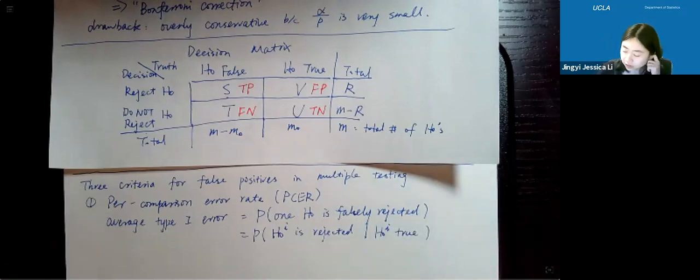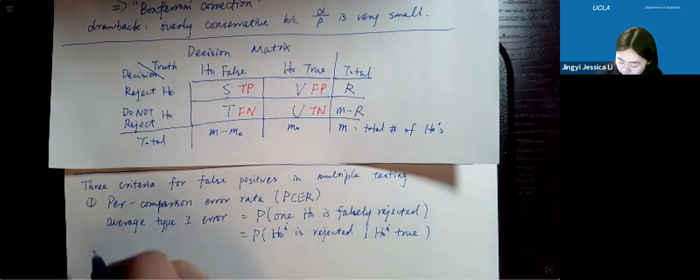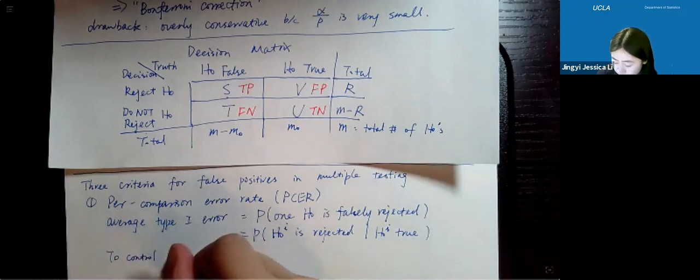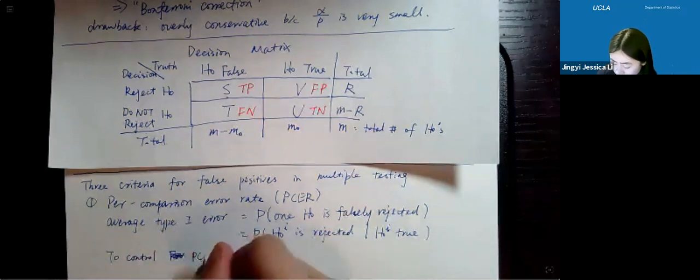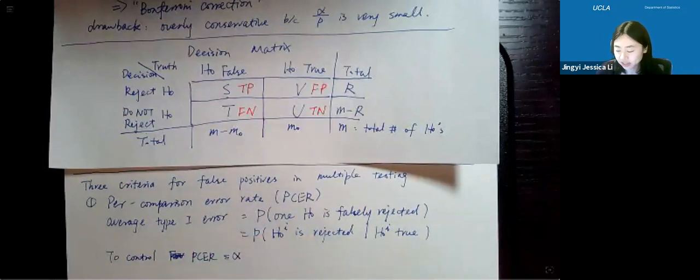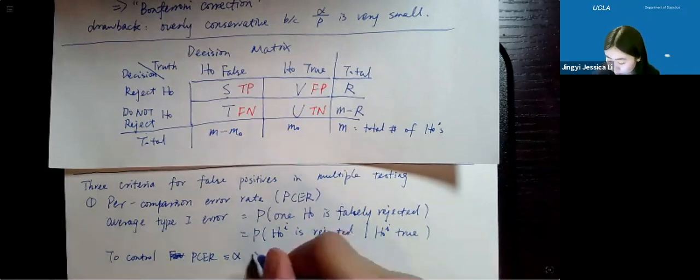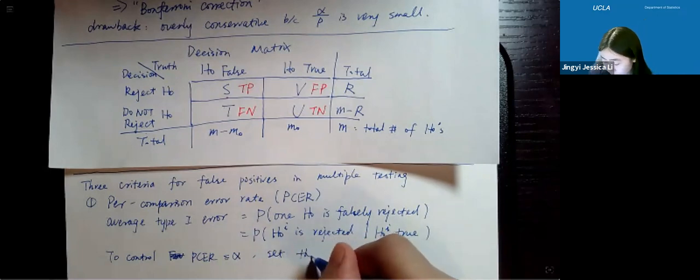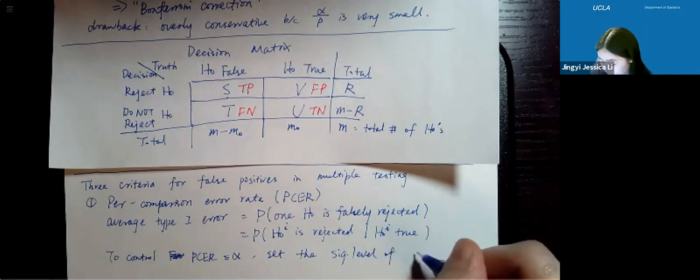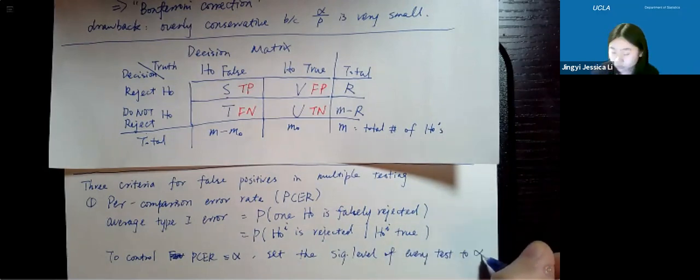So if we want to control this PCER under alpha, we just need to set the significance level of every test to alpha, and then we're done.